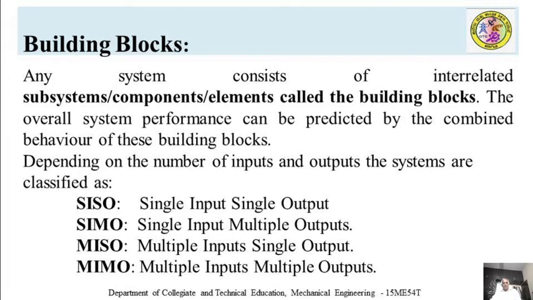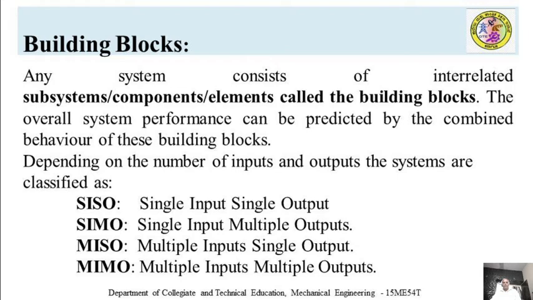So it is analogous to the construction of a building. To construct a building, we need bricks, we need cement, we need steel bars. So these are called building blocks. Bricks are building blocks, cement is a building block. Likewise, in mechatronic systems also, we have different components or elements or subsystems.